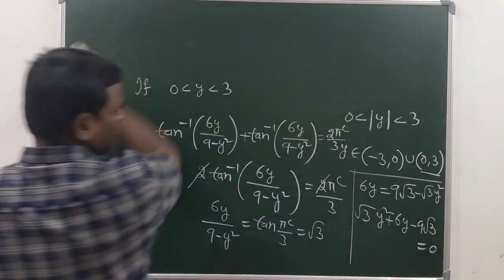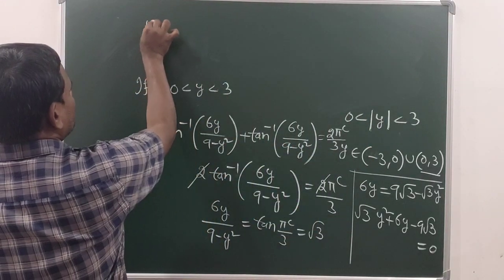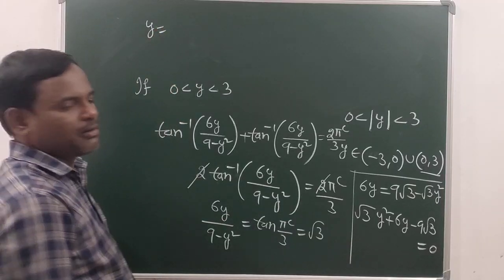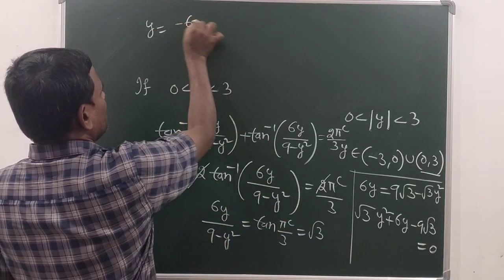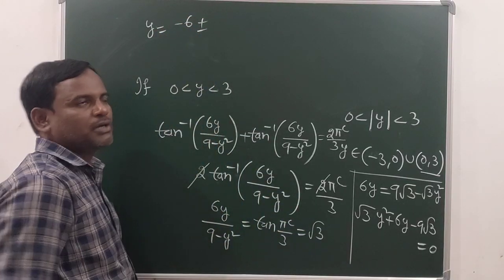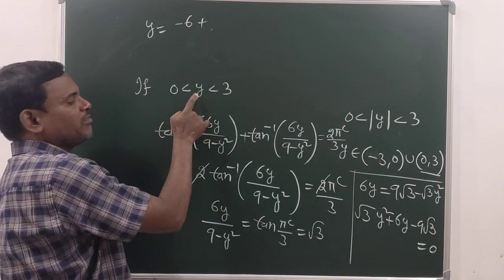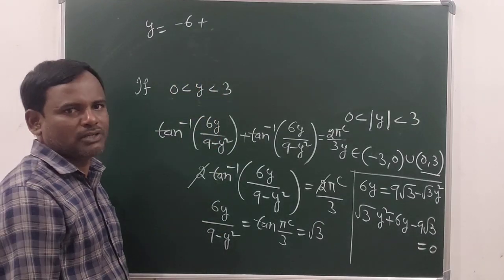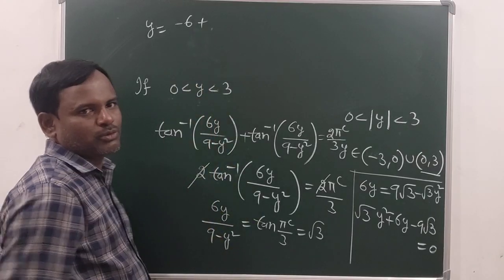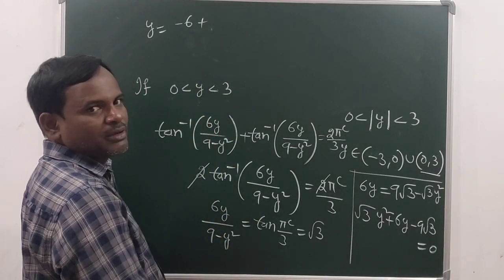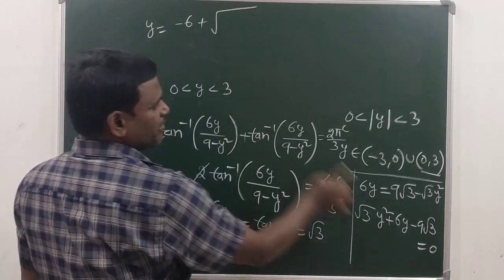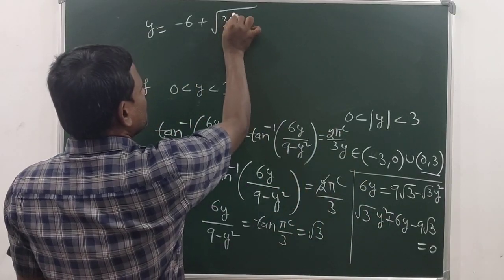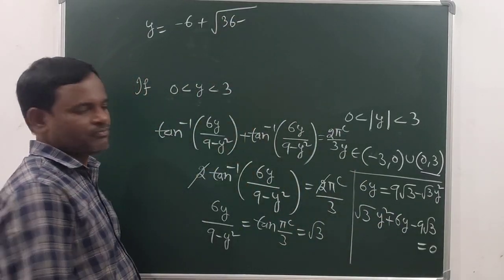Now solve it. If you solve it, what do you get? So apply that quadratic formula, minus b, plus or minus, but take only plus, because our y value is lying from 0 to 3, hence it must be positive. So take here plus only. Minus b plus root of b square, b square means 36, minus 4ac.